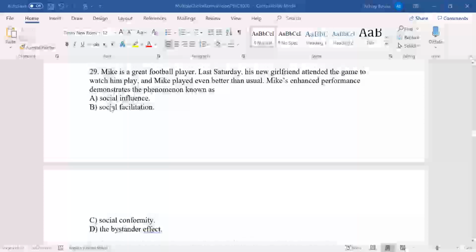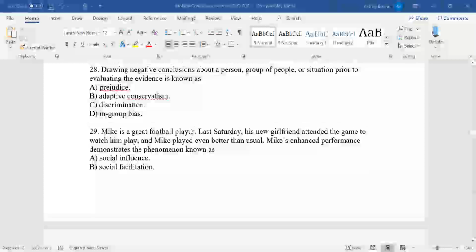You can see this with riots, like after a sports game when your team loses, everybody runs out onto the field and starts breaking stuff. So when you're in a big group, you have a reduced sense of yourself as an individual, and you think of yourself as the group instead.